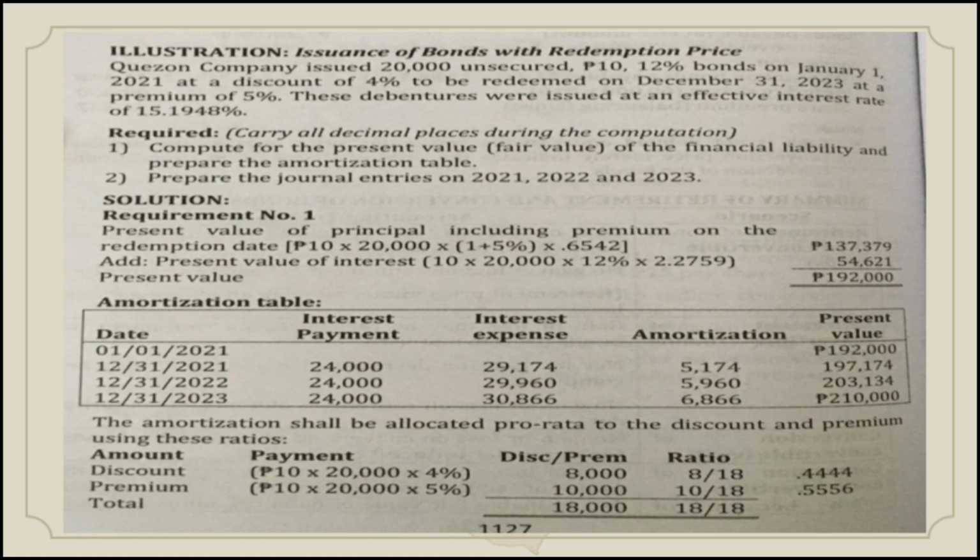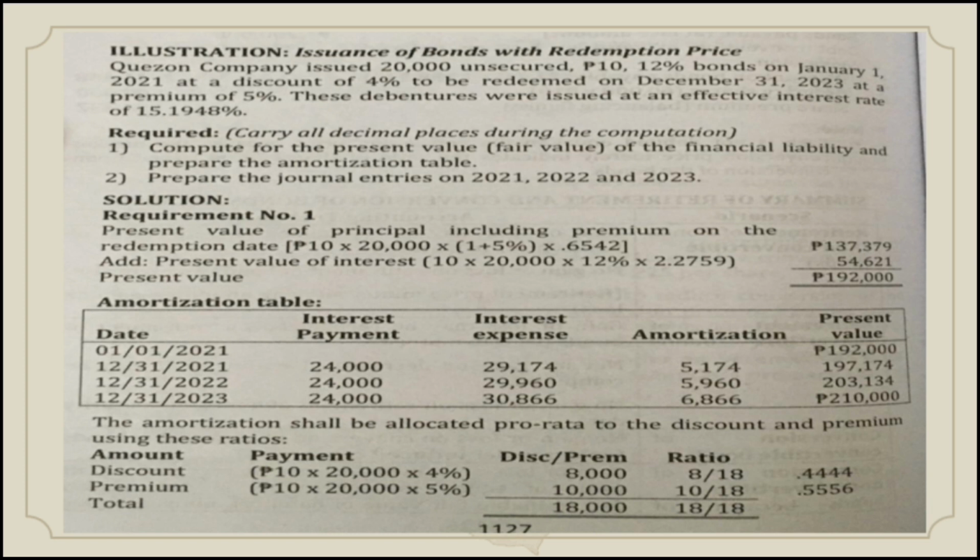The difference is 5,174. To get the present value on December 31, 2021, we add the present value in January and the amortization: 192,000 plus 5,174 is equal to 197,174. The process continues so on and so forth.